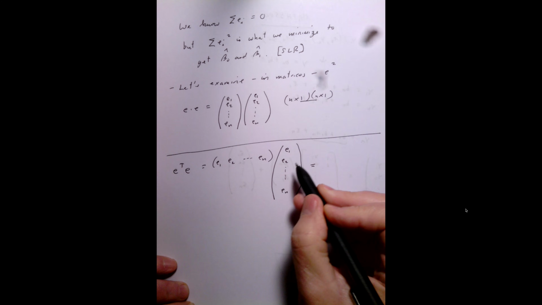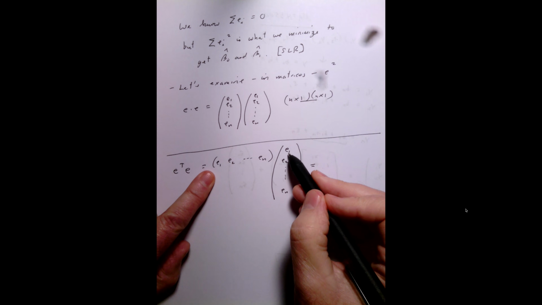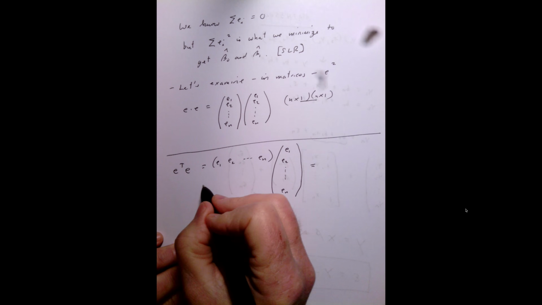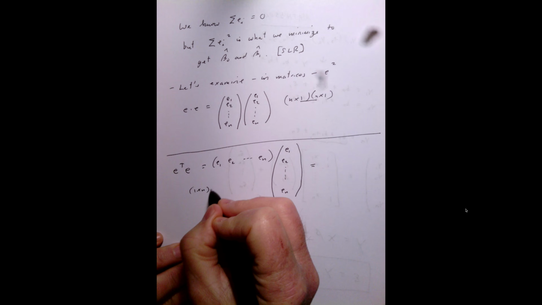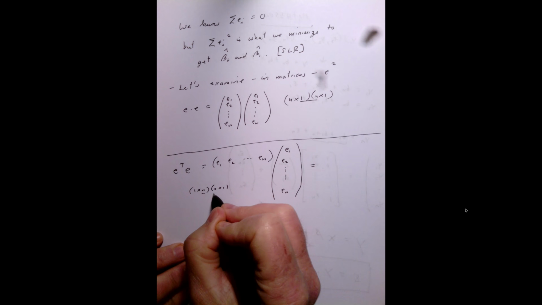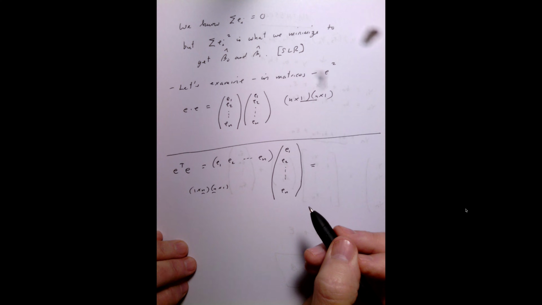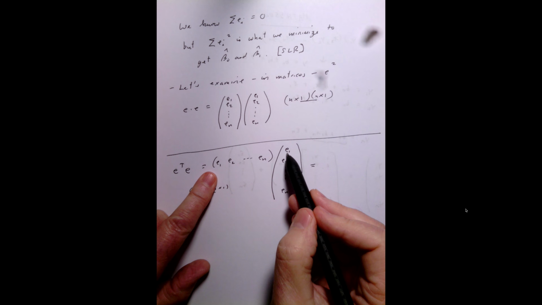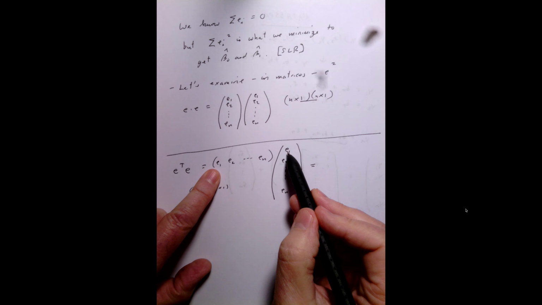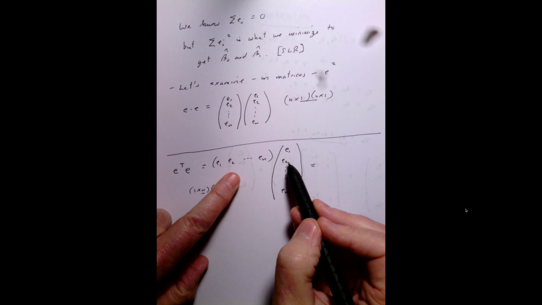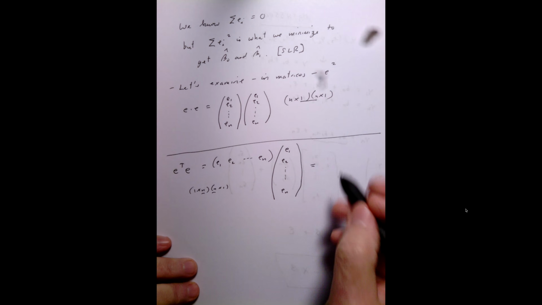So what happens here is, let me pump the brakes a little bit, we have 1 by n times n by 1, so we can now multiply and we get a 1 by 1 result, right? Well, the 1 by 1 is just a linear combination of the rows and the columns. So it is E1 squared plus E2 squared plus E3 squared, and so on and so forth.